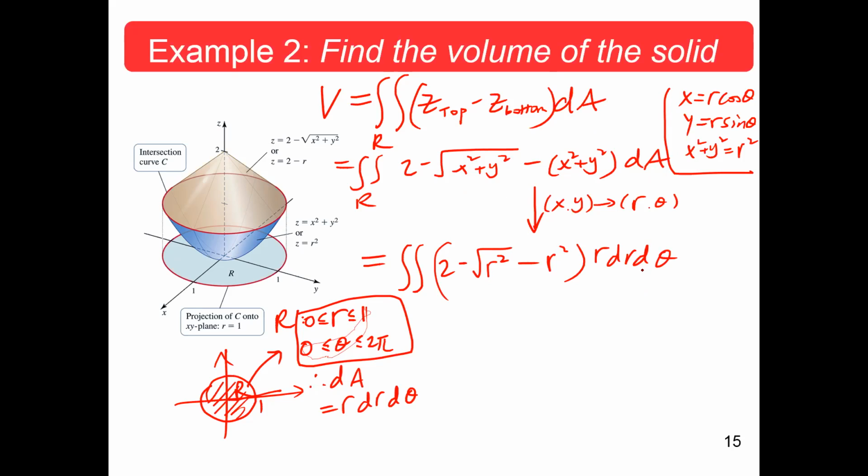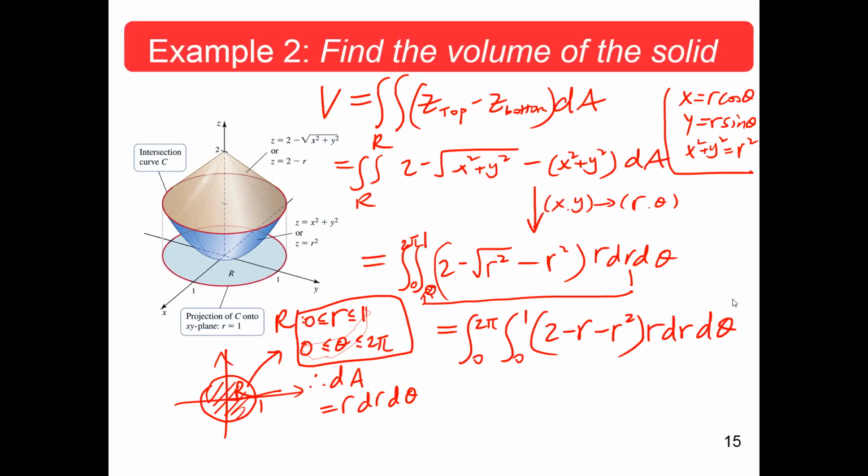Now let's match our radius as the inner limits, between 0 and 1, and angle theta as the outer limits, from 0 to 2 pi. Let me rewrite it: 0 to 2 pi, 0 to 1, 2 minus r squared, r dr d theta.